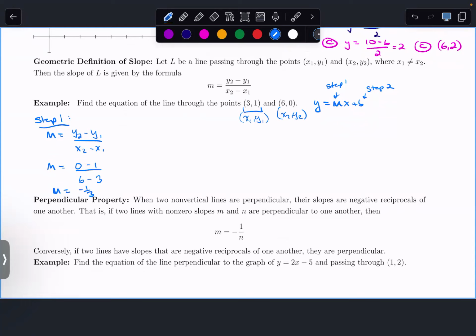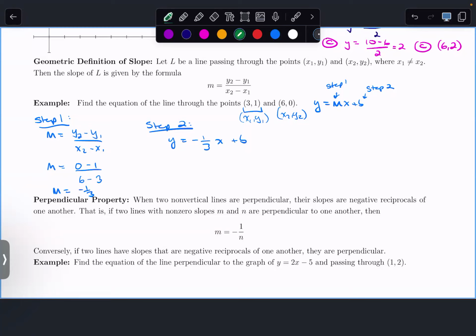So step 1, find the slope. Step 2 is we want to find b. In step 2, we have y equals negative 1 over 3x plus b. But we also have 2 points that have to be on the line, the x, y coordinates.